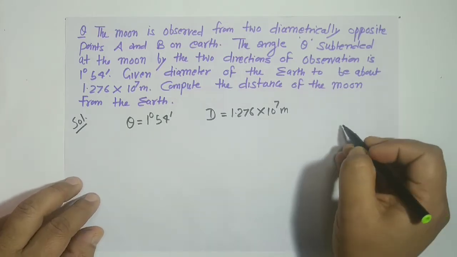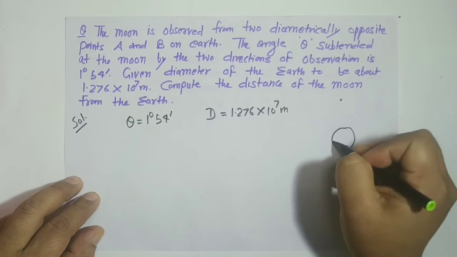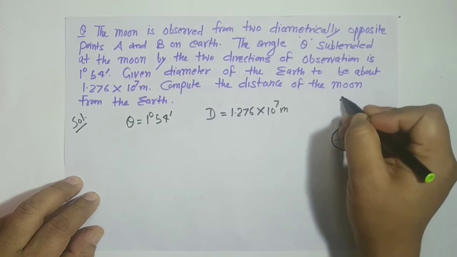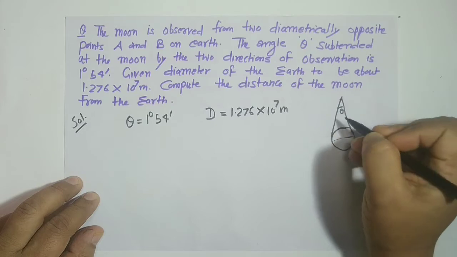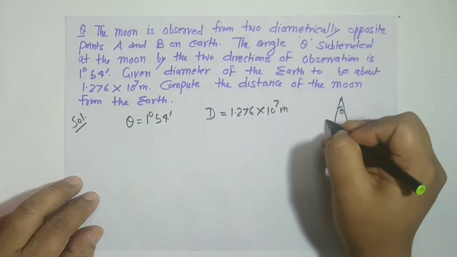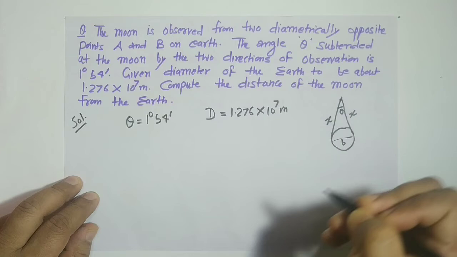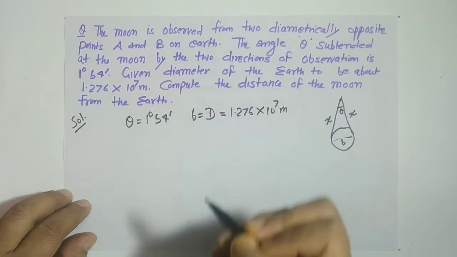So this is the earth, this is the moon, and these are the diametrically opposite points. This is the angle theta subtended, and this is the basis, say x. That means the basis is the diameter of the earth.